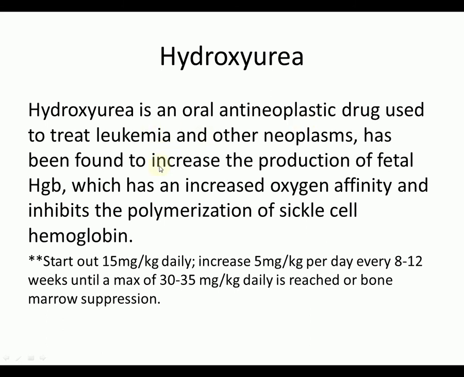It has been found to increase the production of fetal hemoglobin, which has increased oxygen-carrying affinity, and it inhibits the polymerization of sickle cell hemoglobin. It will be started out at 15 milligrams per kilogram daily, increasing at 5 milligrams per kilogram per day every 8 to 12 weeks until a maximum of 30 to 35 milligrams per kilogram daily is reached, or bone marrow suppression occurs.